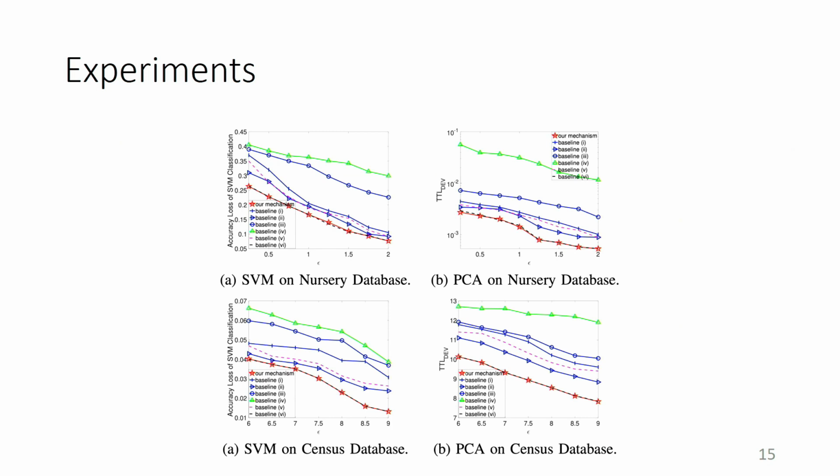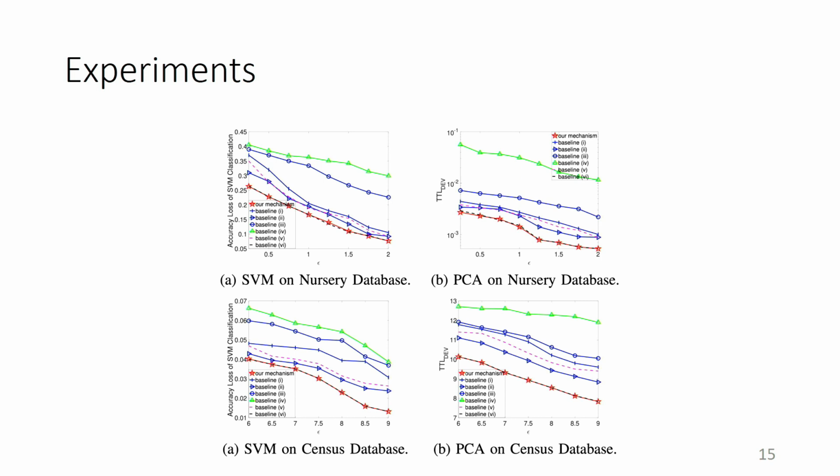And we also study task-specific applications on the fingerprinted database. So we study the SVM classification and the principal component analysis. For these two task-dependent applications, for SVM, we consider the utility as the accuracy loss. So do the classification and calculate how much accuracy loss you are experiencing. So also the lower, the better. For the PCA, we consider the total deviation.